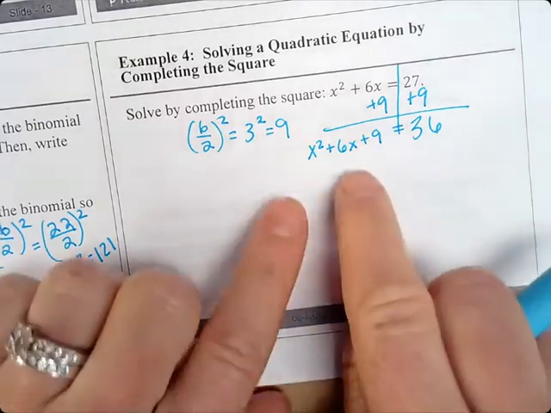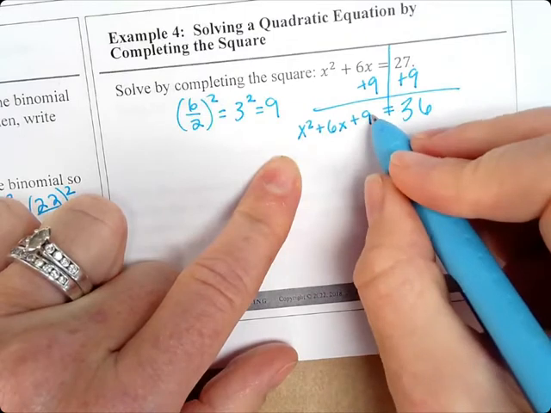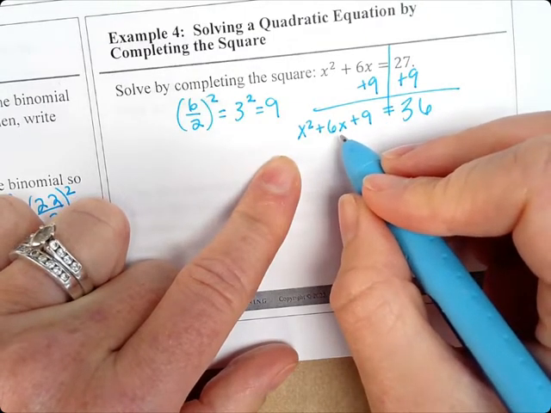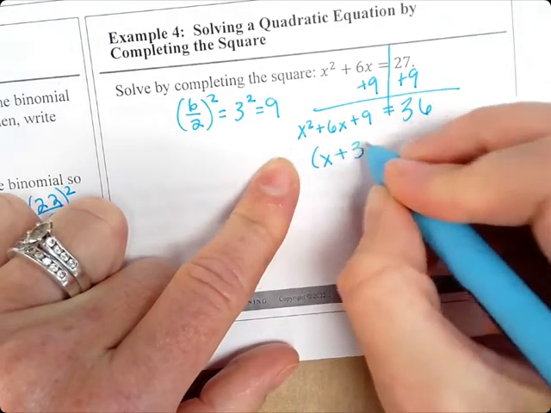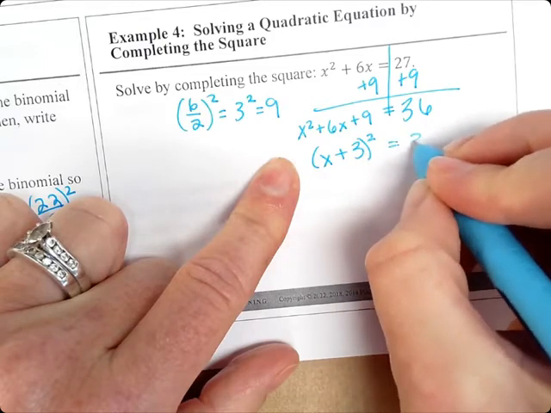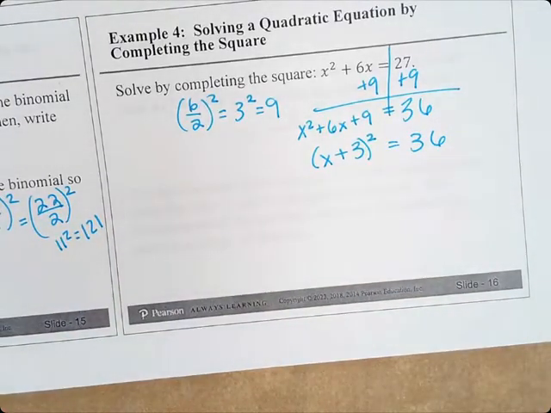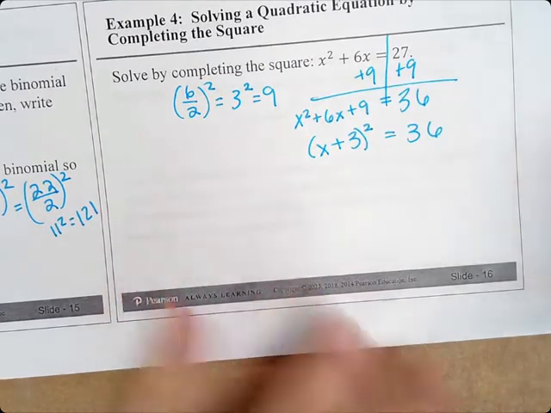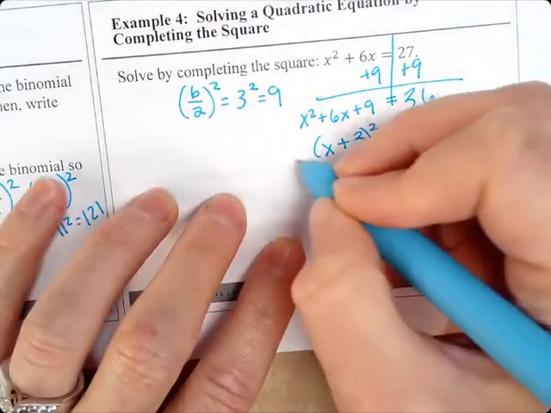Okay, and then we would need to factor this. 3 multiplied by 3 gives 9, and 3 plus 3 gives us 6. So this is the perfect square trinomial, or perfect square, of x plus 3 squared equals 36. Then we would need to solve this, using the square root property.